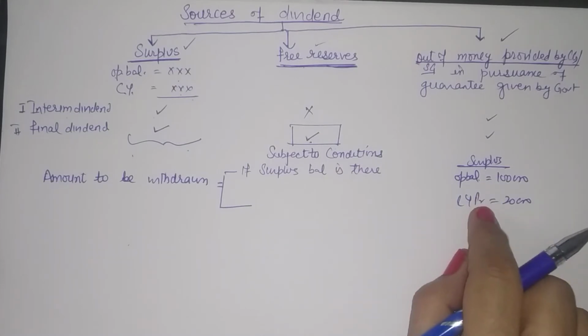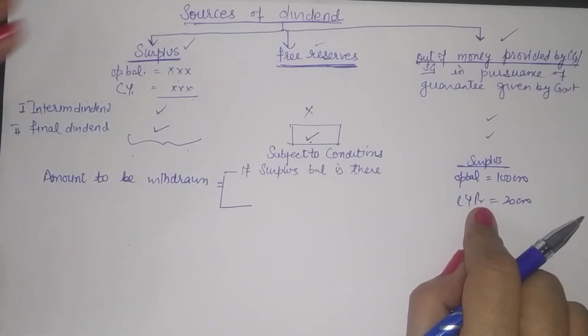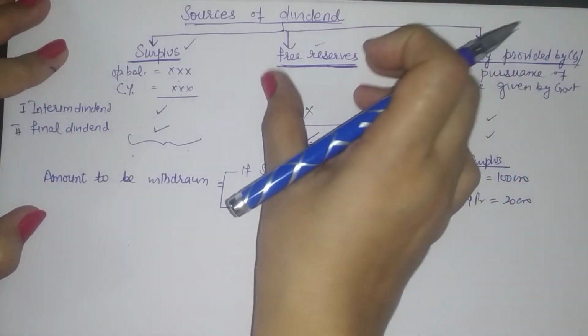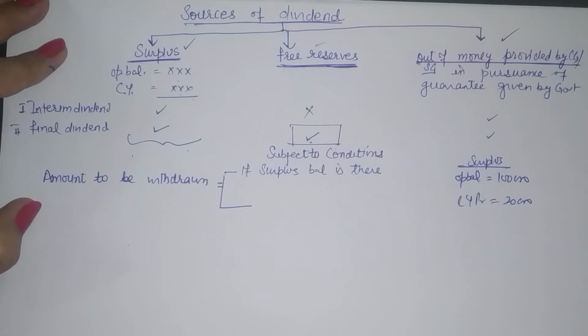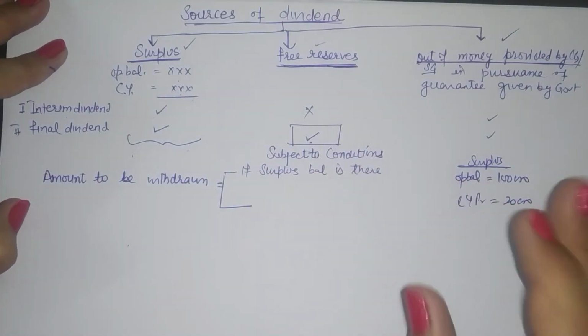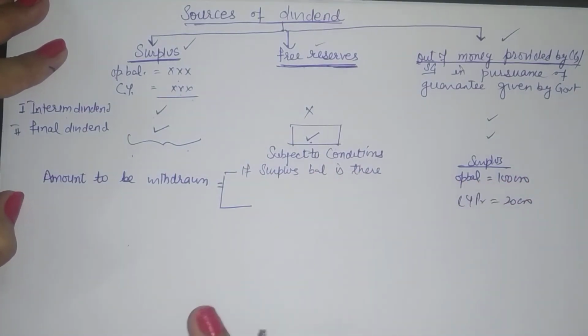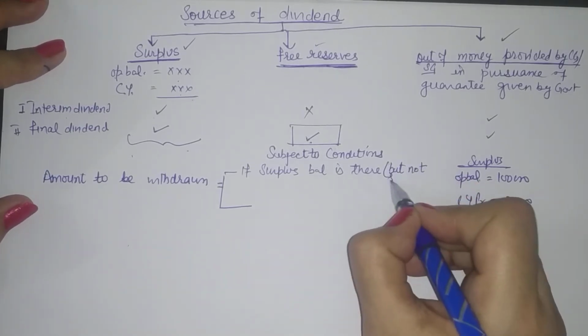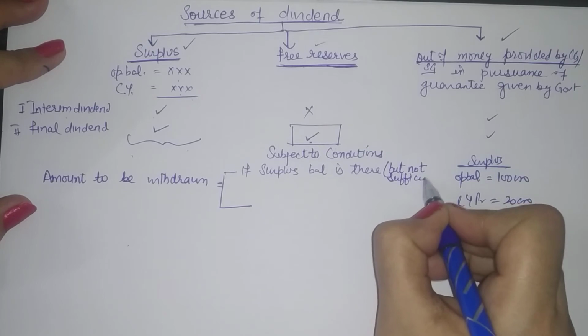It means this amount is not sufficient. So you need 30,000 rupees more, and that 30,000 is to be drawn from free reserves. So balance is there, but not sufficient to pay dividend.